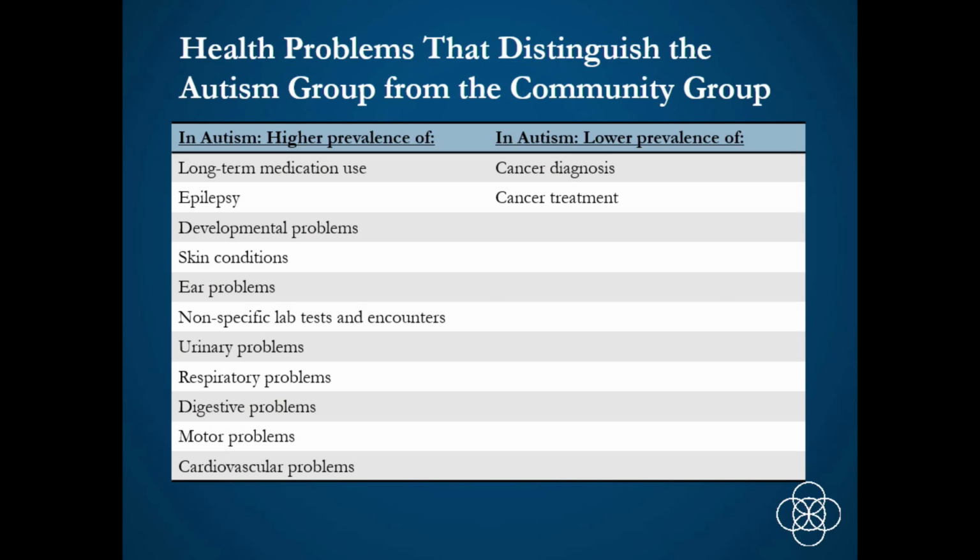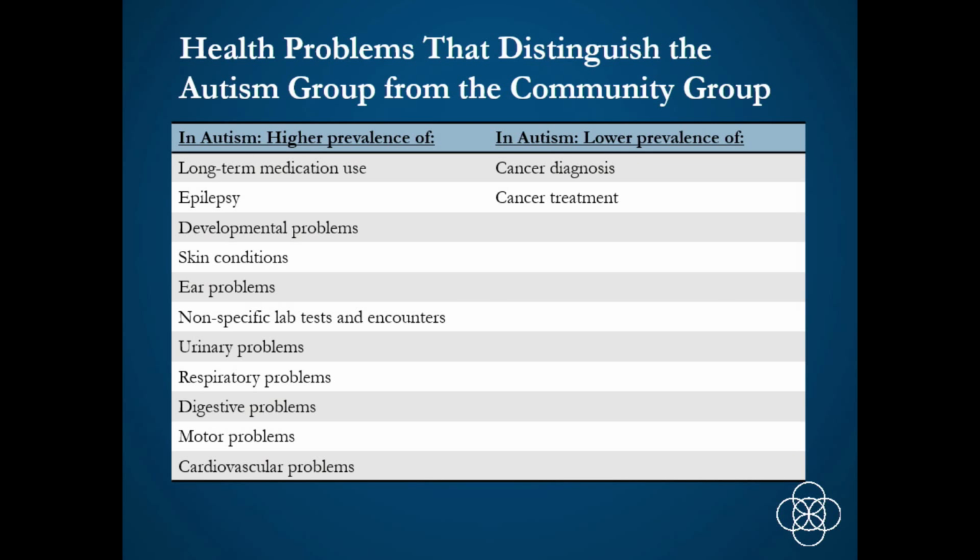They were just being given a test because that's what the doctor felt that they had to do. We also found lower prevalence of cancer, and I think that this is important to think about in terms of, we found that they were diagnosed less with cancer, not that they had cancer less. So it could be that autistic people have cancer at higher rates, but it's just not being diagnosed. So these are just what was in their electronic health record.